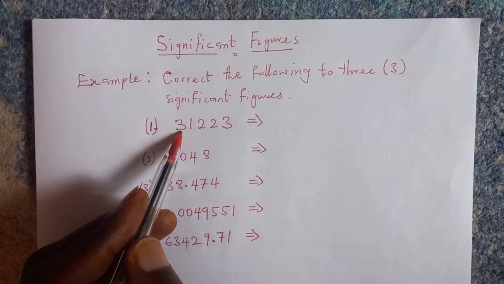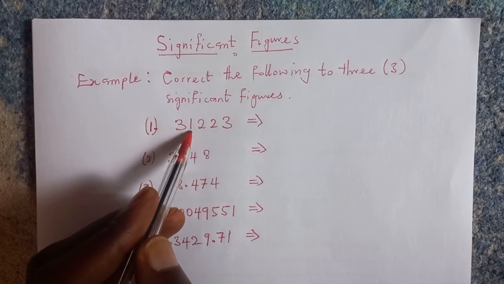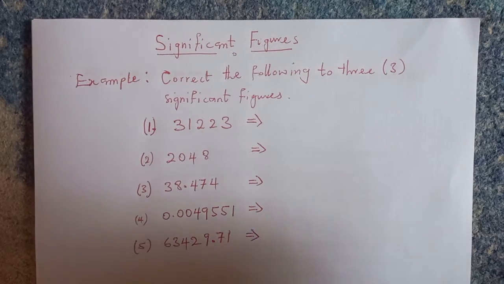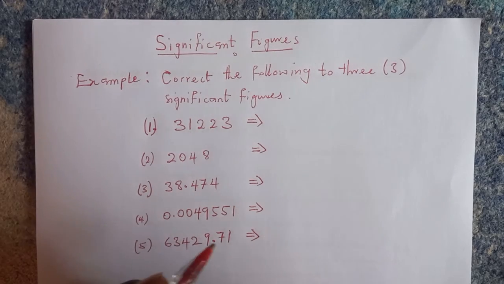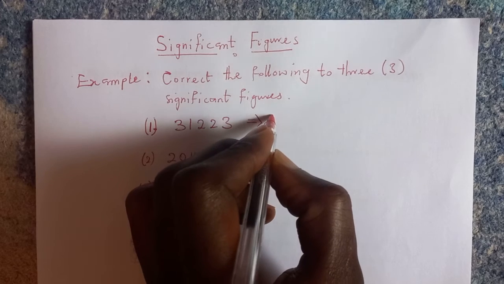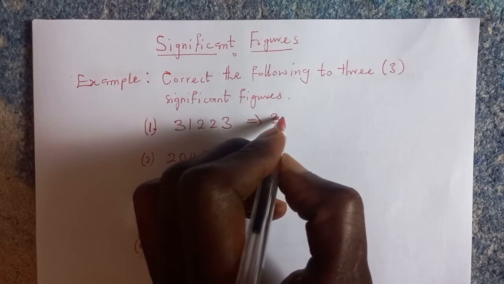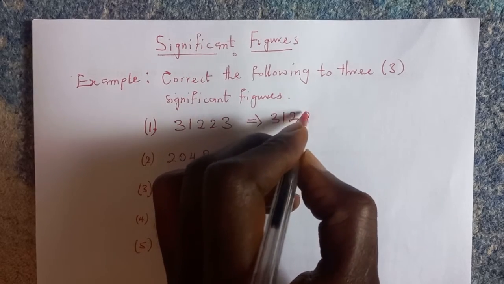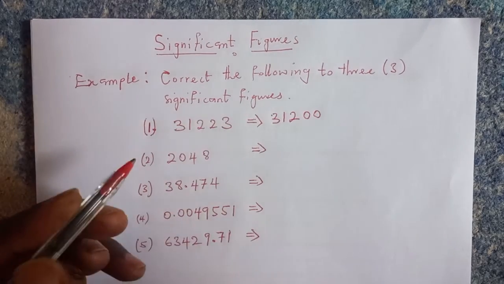This is our first significant figure, second, and then third. So this new value is going to be 3, 1, 2, 0, 0.